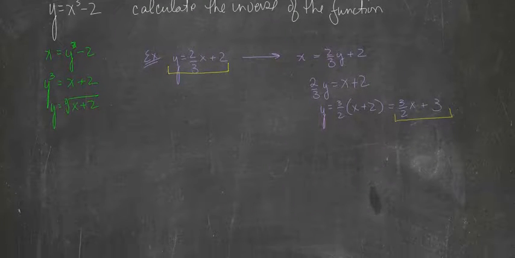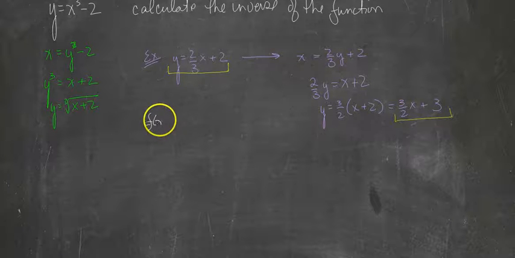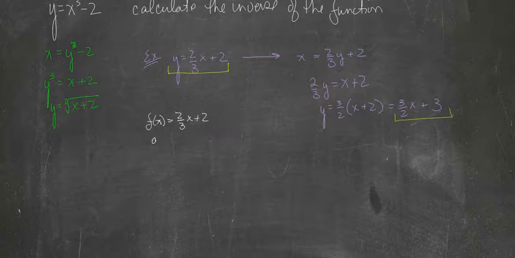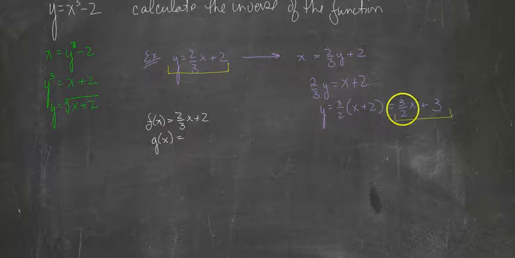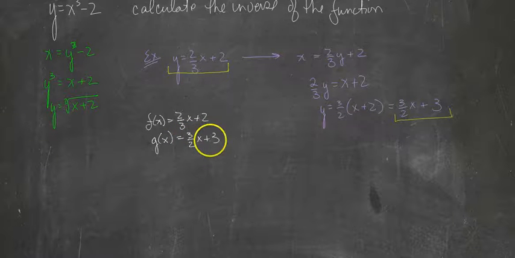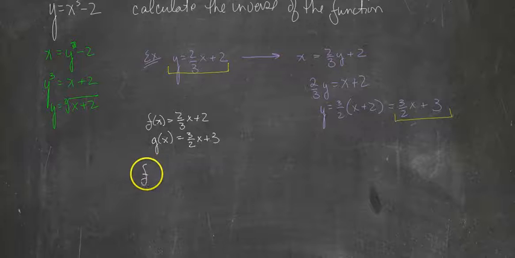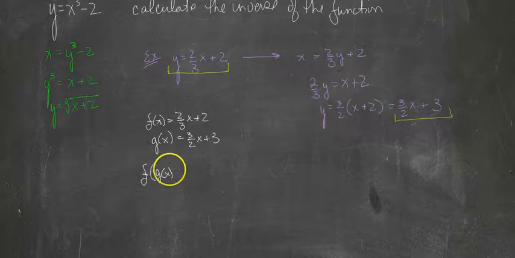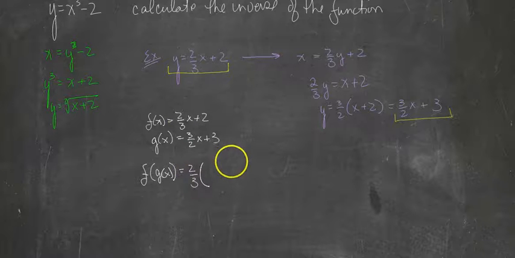So let's see what happens if I make a composition out of the two functions. Let me be explicit with that. I'm going to call this f of x equals 2/3 x plus 2, and g of x, the inverse, equals 3/2 x plus 3. Okay, so if I compose these and take f of g of x, then I get 2/3 times g of x plus 2.